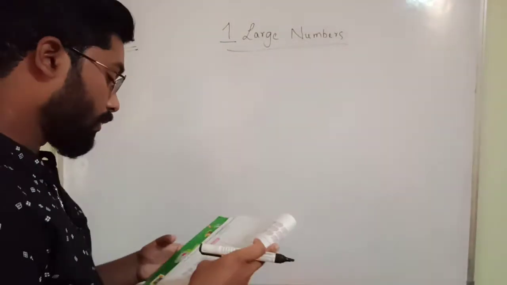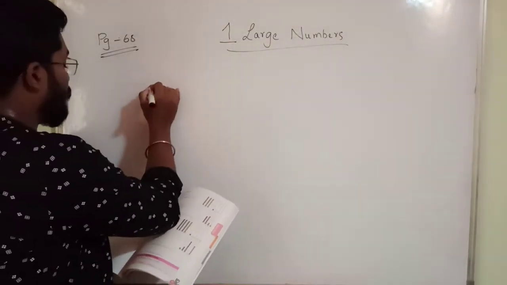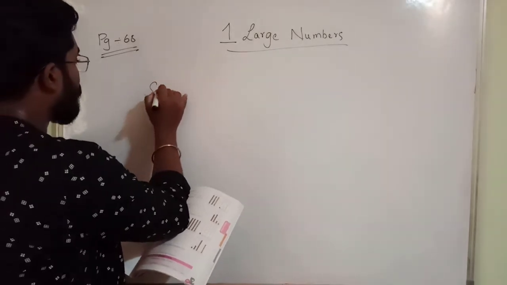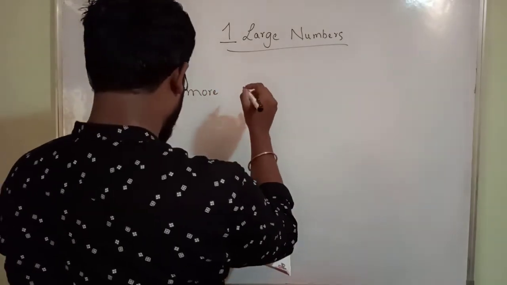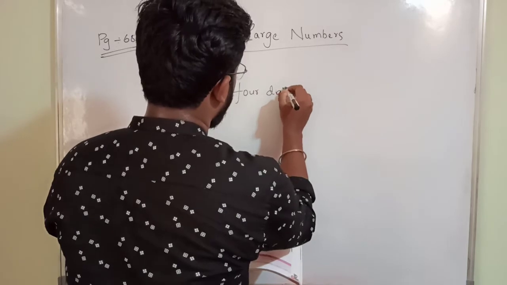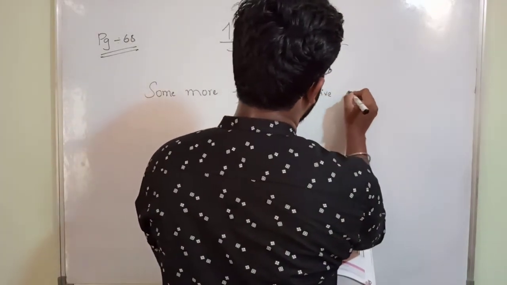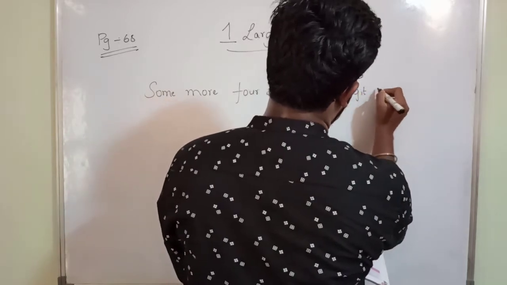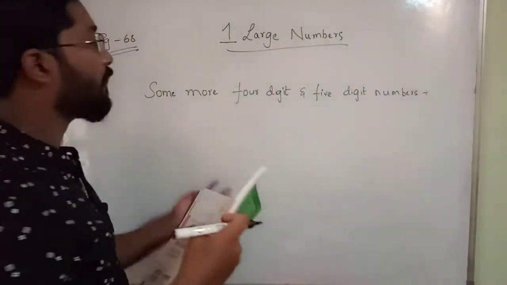So next one is, he has given some boxes. You have to solve them. Some more 4-digit and 5-digit numbers.